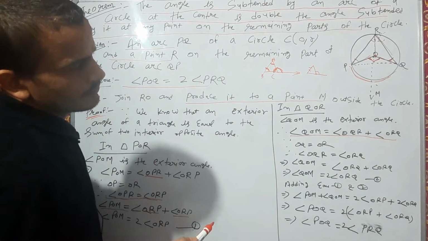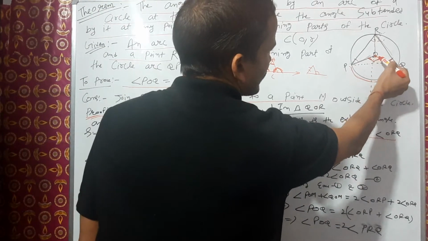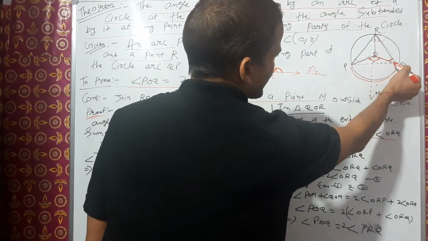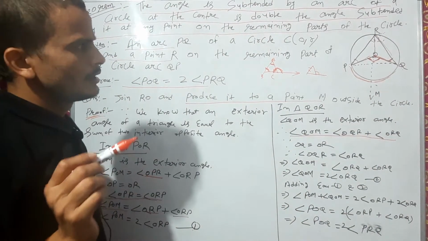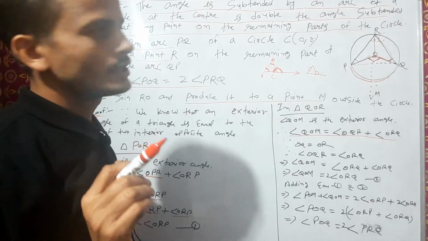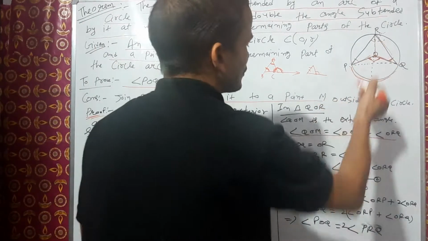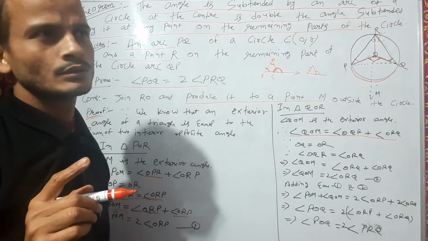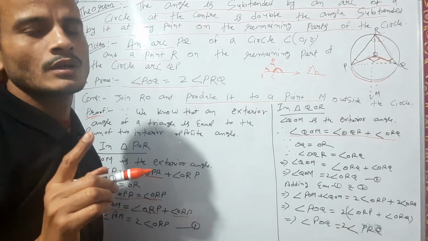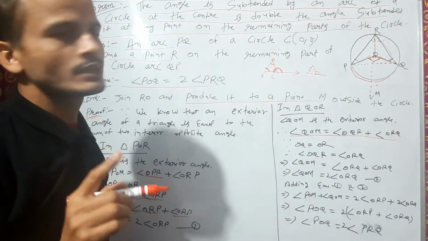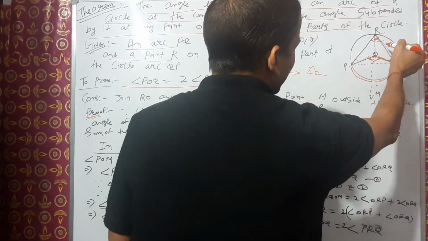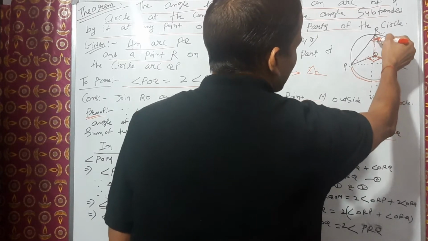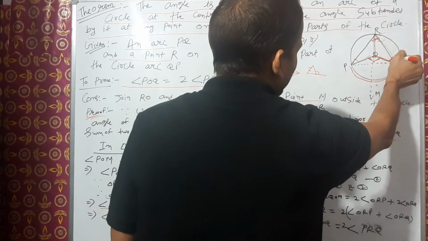When we see the figure carefully, we find that OQ and OR are radii of the circle, and radii of the same circle are equal to each other. So OQ is equal to OR, and we know that when two sides are equal, the angles opposite to the equal sides are equal. So the angle opposite to OQ is ORQ, and the angle opposite to OR is OQR; they are equal to each other.